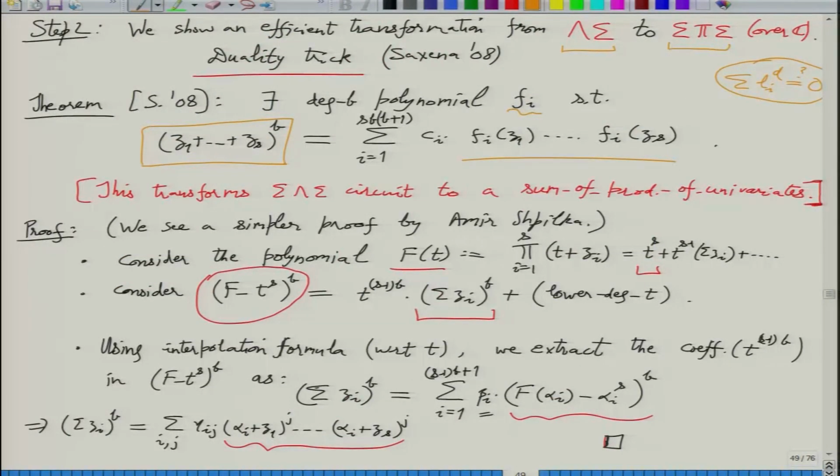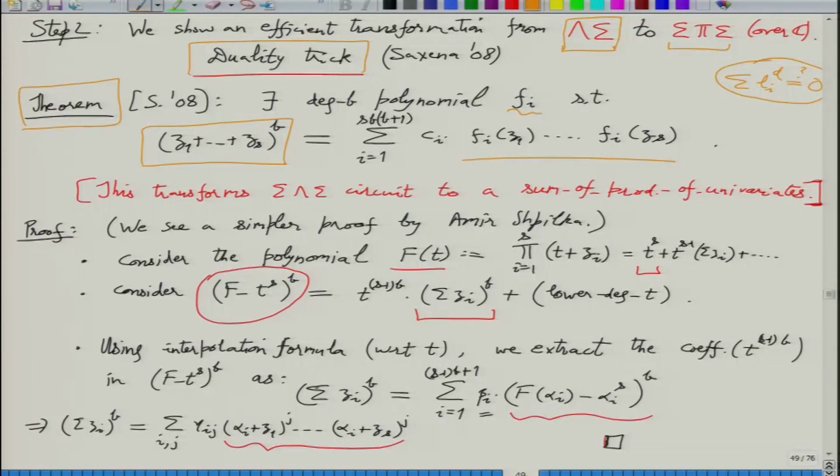Right, so the step 2, actually I want to talk about step 2, which is this. So now wedge sigma we can convert to sigma pi sigma using this duality trick, right. So this duality trick is basically this identity that sum of zi's power b can be written as sum of product of univariates, where all these univariates are essentially the same. It's the same polynomial fi evaluated on these different s variables, right.